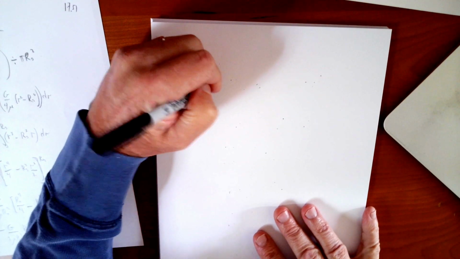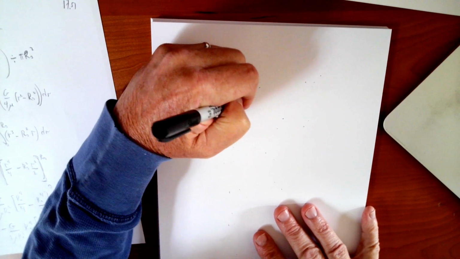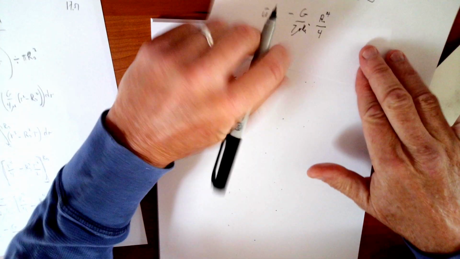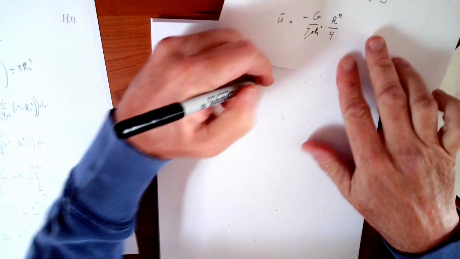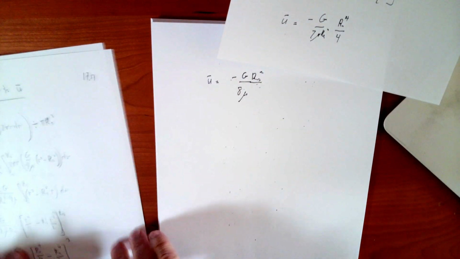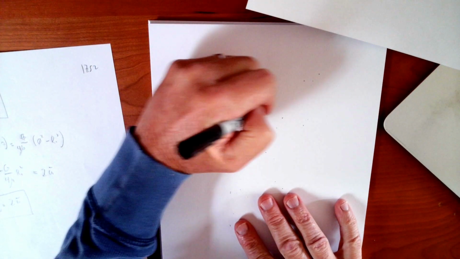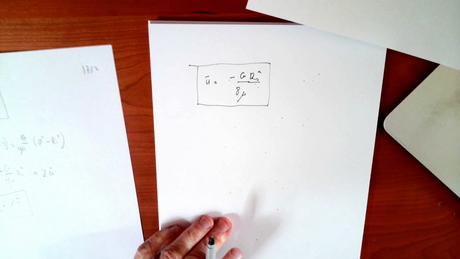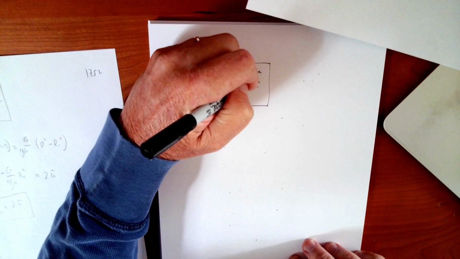U bar is equal to minus g over 8 mu, and then the r naught squared, of course, is going to kill 2 of the r naught to the 4th, so that's going to be r naught squared up in the numerator. Make sure I didn't make any mistakes. Looks good. So that's my expression that relates average velocity to the pressure gradient.